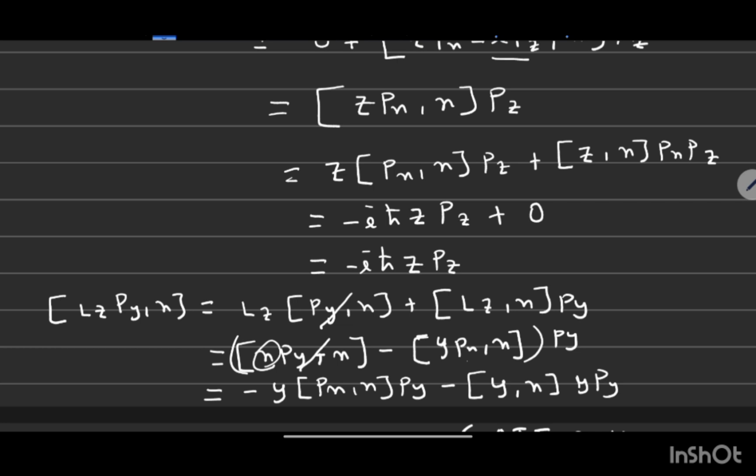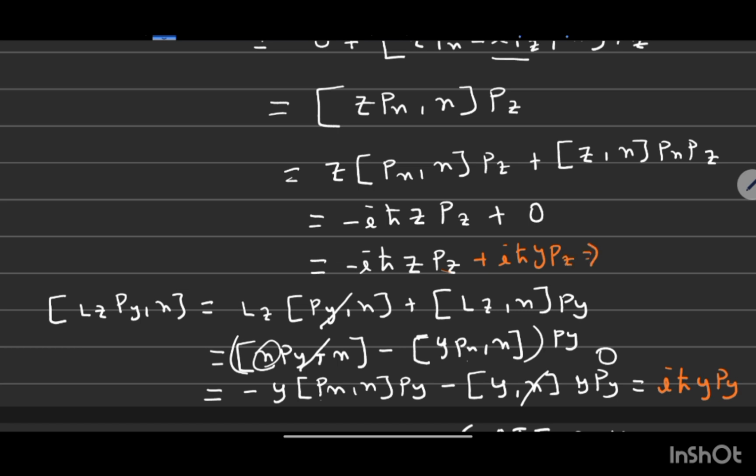They two commute with each other and its value is 0. You have minus i h cut, and this minus will be plus, so you have only i h cut times y Py, added with this i h cut times y Py.